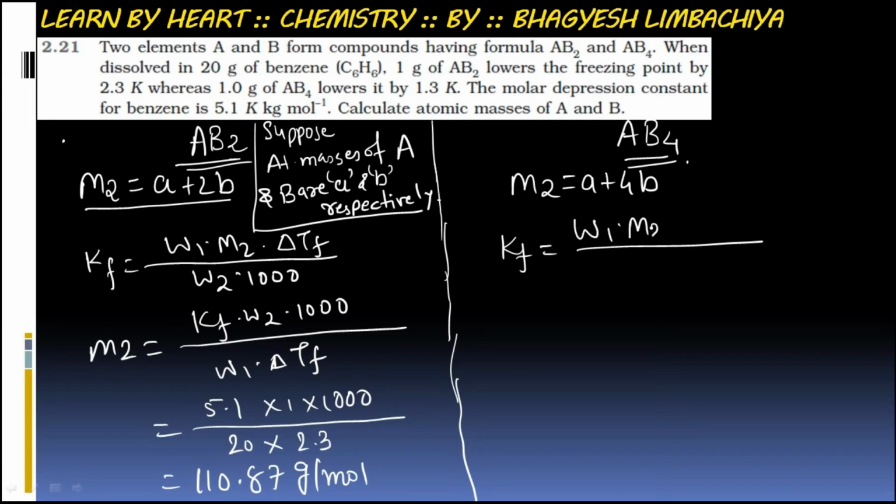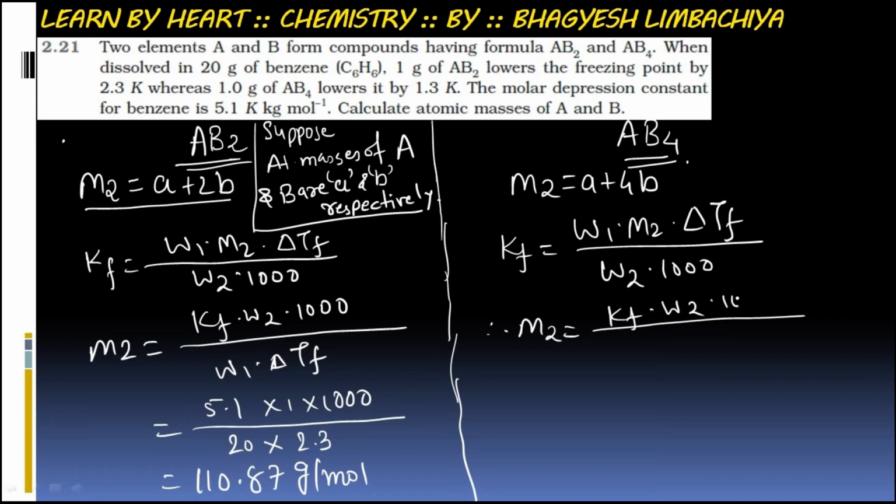the formula is W1 M2 delta TF by W2 multiplied by 1000. And if we make M2 the subject, now here we are writing the terms: Kf W2 multiplied by 1000 divided by W1 into delta TF.